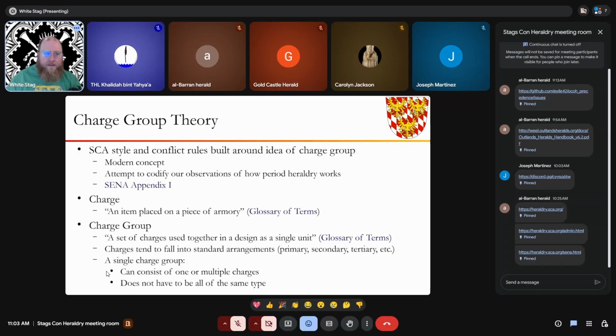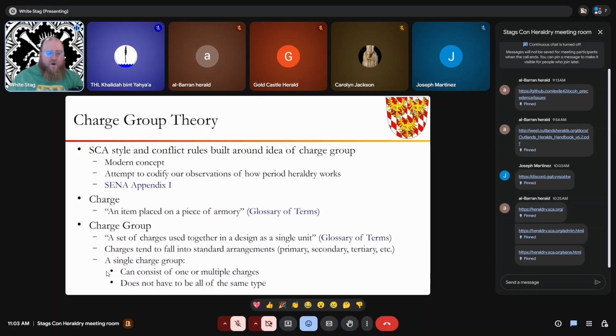So, charge group theory. Our understanding of armory in the SCA is built around the idea of charge groups. We have no way of knowing how historical people, medieval and early modern people, thought about heraldic design. We have some treatises. I haven't really read them. I don't think they refer to charge groups as a thing.